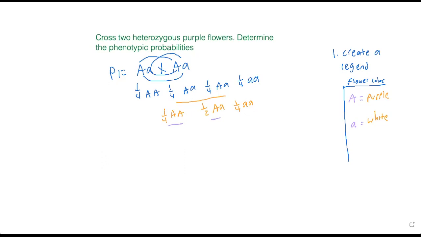So in this case, since we're concerned with the phenotypic possibilities, 1/4 plus 1/2 equals a 3/4 chance for a flower being purple and a 1/4 chance of a flower being white. That's because, once again, with dominant and recessive inheritance, both the dominant homozygote and the heterozygote each have at least one dominant allele, meaning they'll express the dominant phenotype.